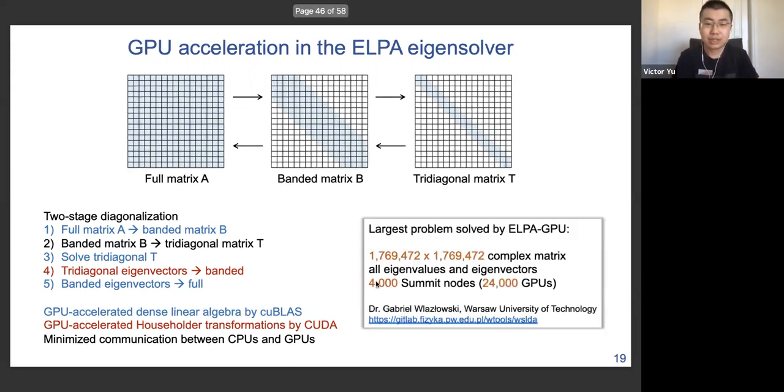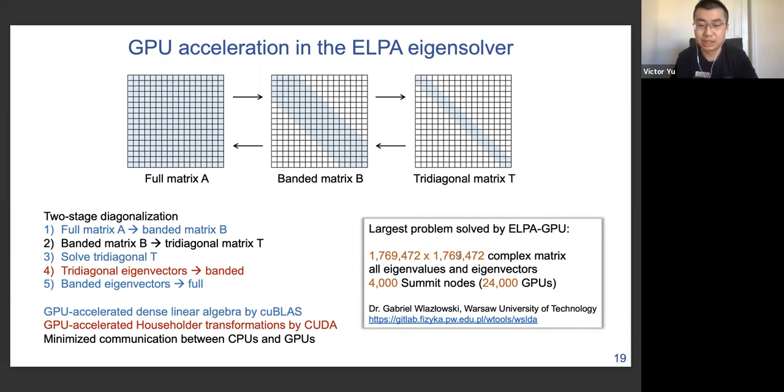I'd like to highlight a very large eigenvalue problem solved by the GPU version of ELPA, which was done by this guy at Warsaw University of Technology.